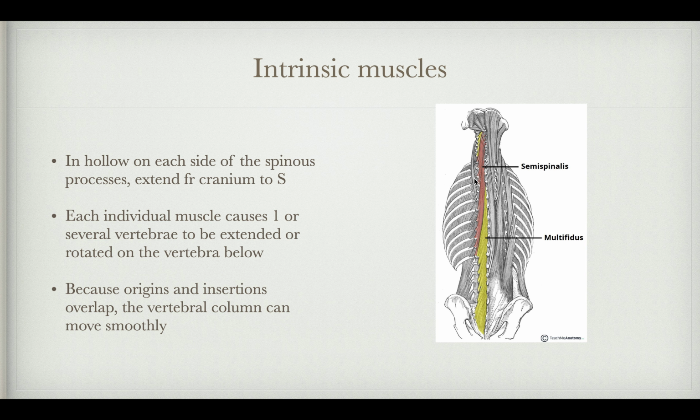So if it inserts on this particular vertebra here, the next insertion would be like either one or two ribs below. And this is quite useful for us because the origins and insertions overlap, and the vertebral column can move smoothly.